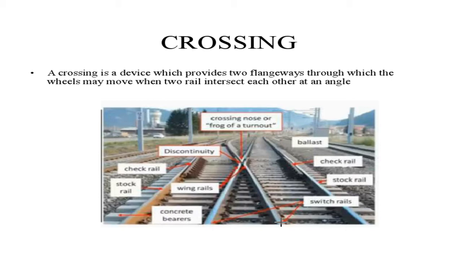Now when the track has to get diverted from the existing track to another, then we require switch or points. So now let's go through different crossings, and while telling the crossings, I'll tell you for which crossings points are required and for which crossing points are not required.